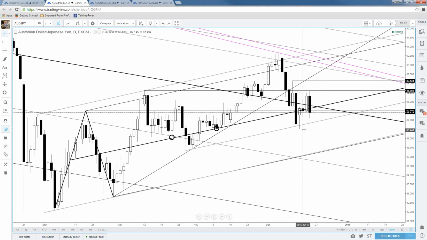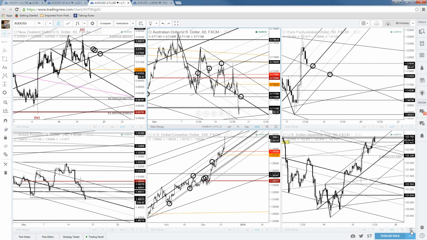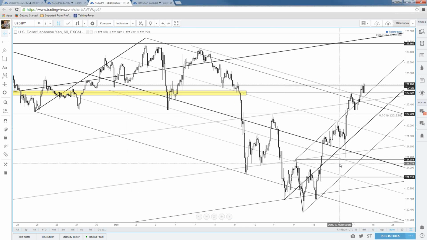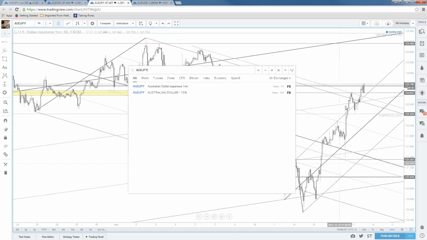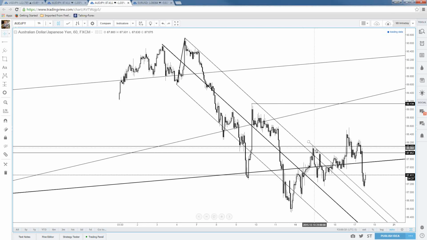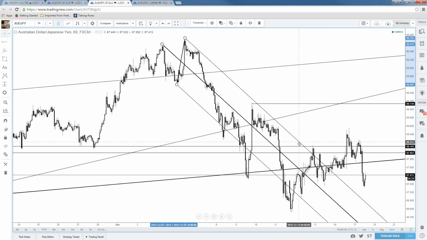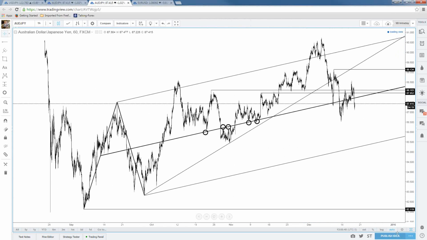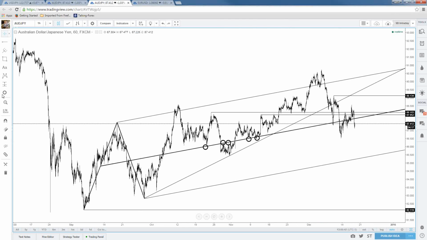But I'll go to a short-term chart. If you're looking at Aussie yen, basically we're looking at the same level as far as resistance is concerned, right?